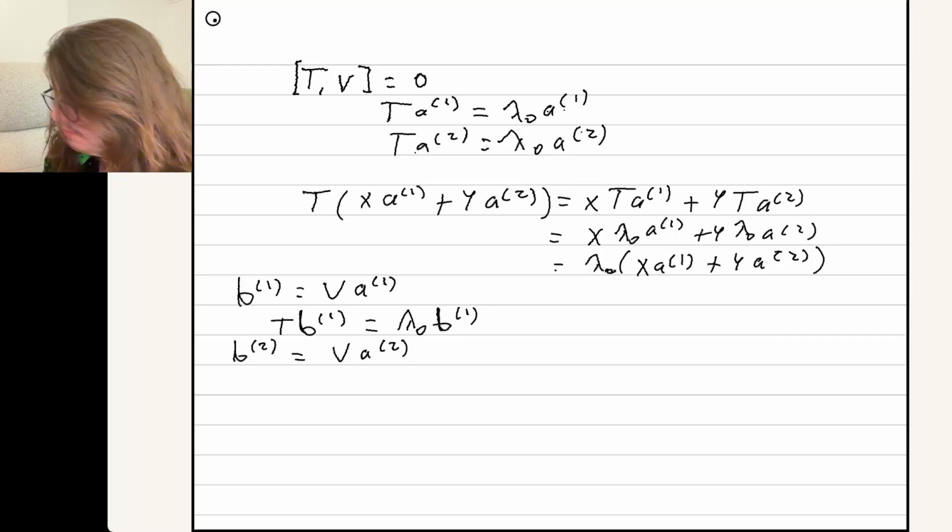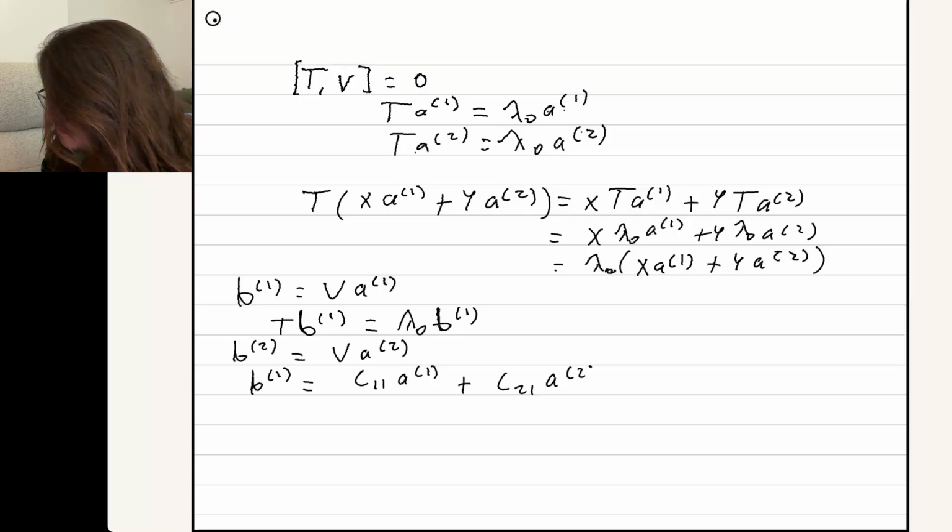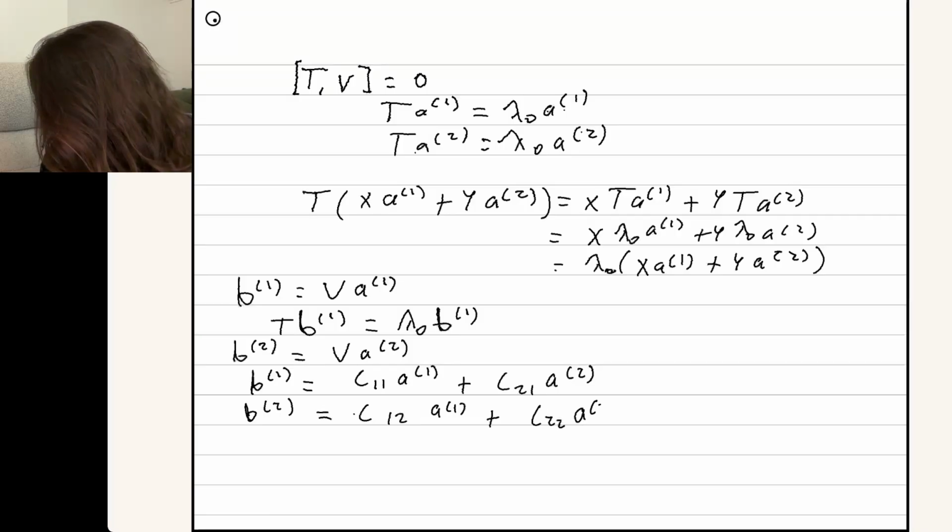We'll say that B1 is given by C11 A1 plus C21 A2, and B2 is C12 A1 plus C22 A2, right?